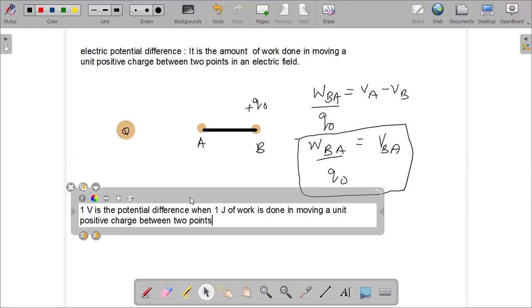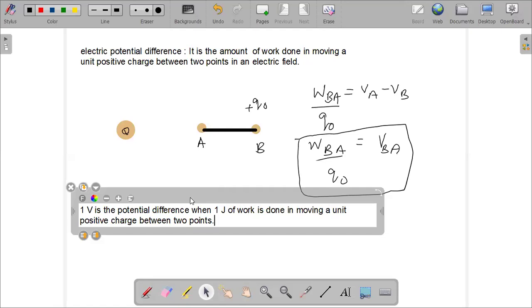So if 1 joule of work is done in moving a charge of 1 coulomb, or you can say unit positive charge, unit positive charge means 1 coulomb, then the amount of potential difference between the 2 points will be said to be 1 volt.